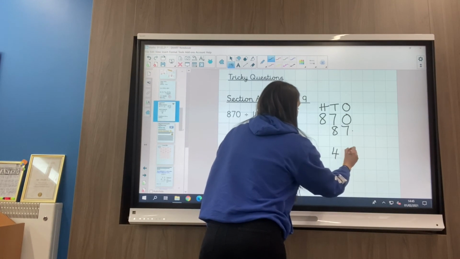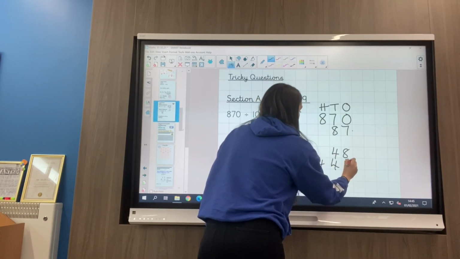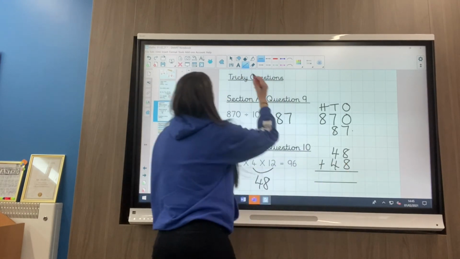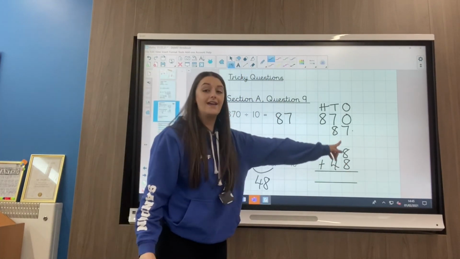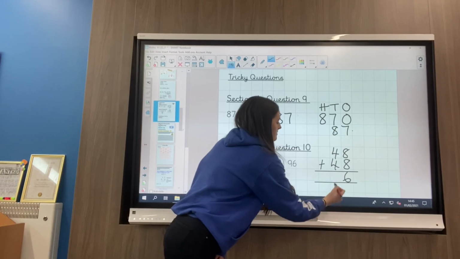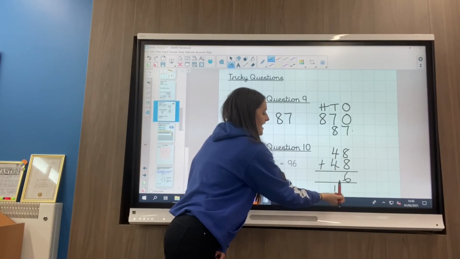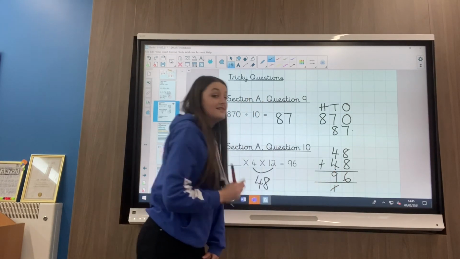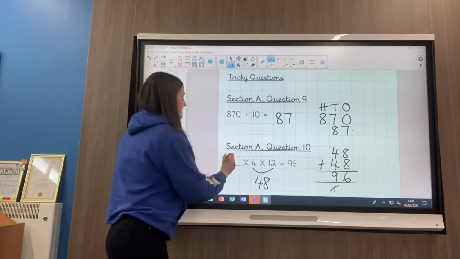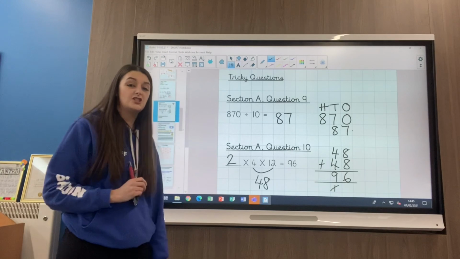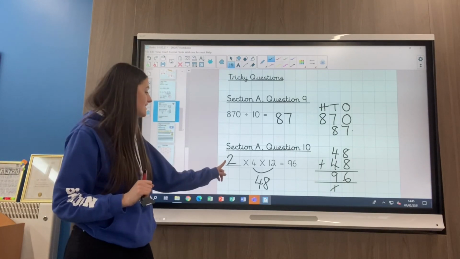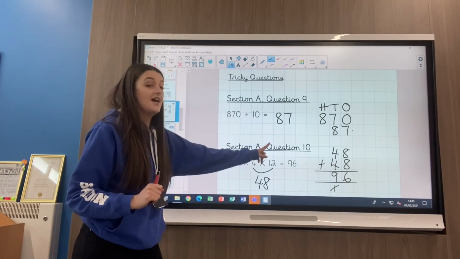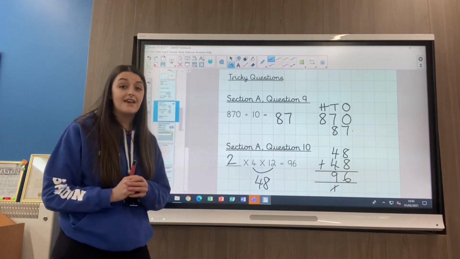So 48 add 48. Okay, because when we times by 2, we add the number to itself. So 8 add 8, I've got 16. 4 add 4 is 8, add the 1, 10, I have got 96. So I've multiplied here by 2. And if I check it now, check my sentence makes sense. 2 times 4 is 8. 8 times 12 is 96.